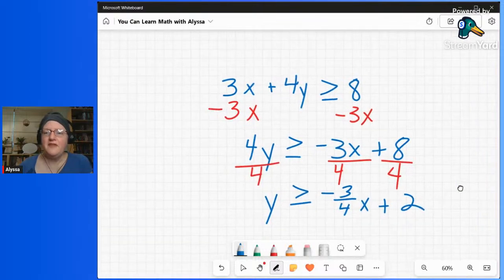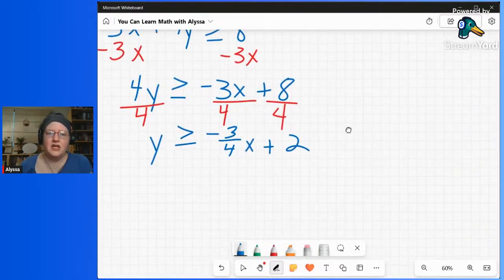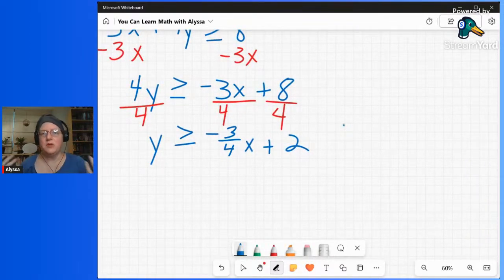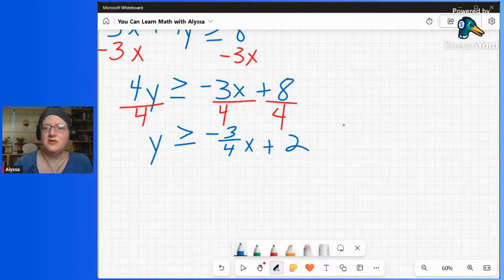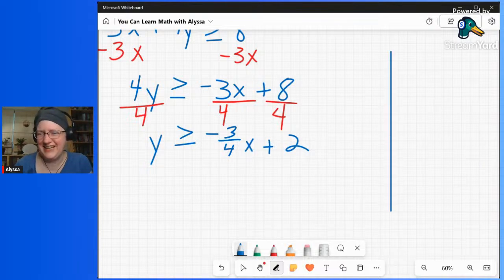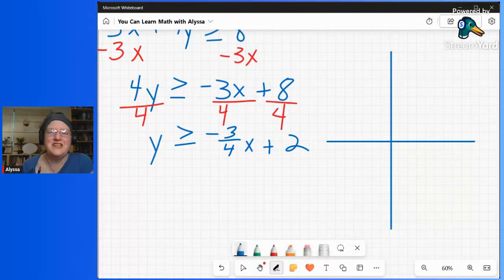Now, when you graph this, we do it very similarly to graphing regular lines in slope-intercept form, but that little greater than makes it slightly different.